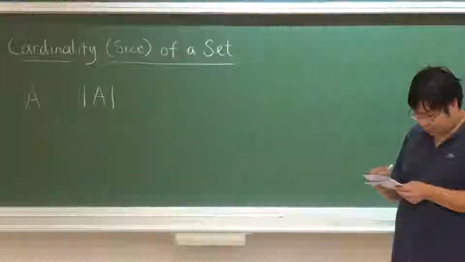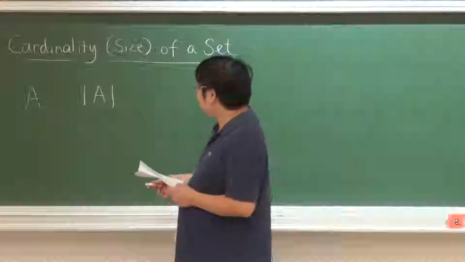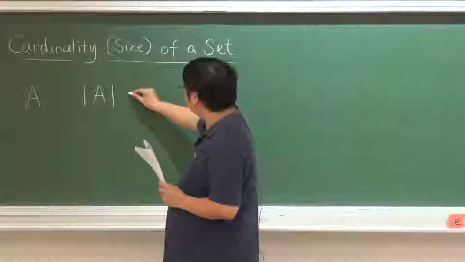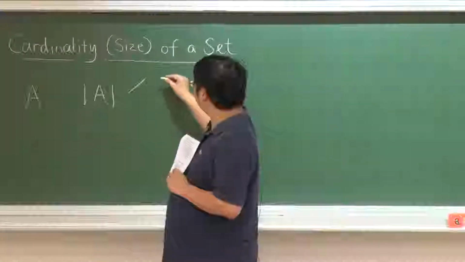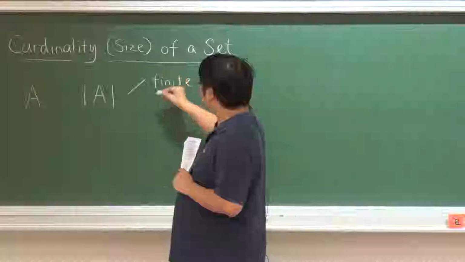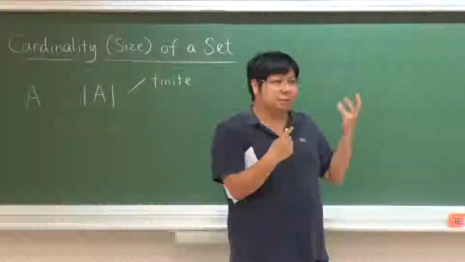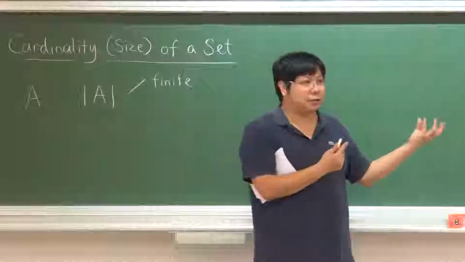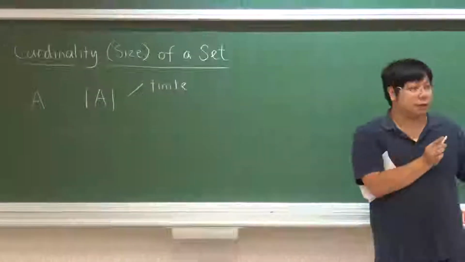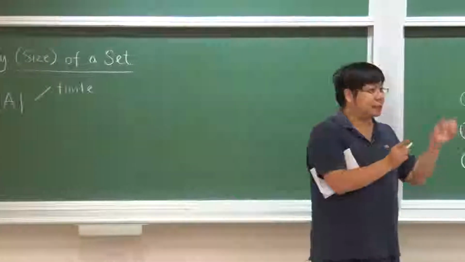Okay, so there are two cases. If this one is finite, so if this is some number that you can tell, so maybe it is a set that contains 0 items, or a set that contains 1 million items, then this is a finite number.